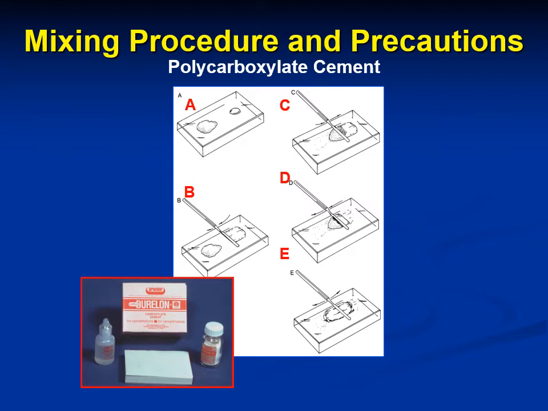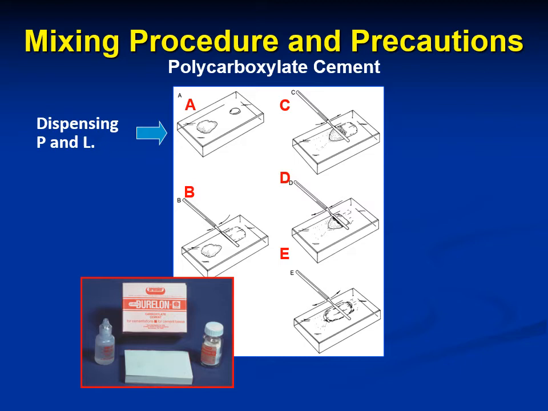We dispense the powder and the liquid. We dispense the powder over one side of the glass slab, and nearby we dispense the liquid. Then we divide the powder into two portions, one large portion, about 90% of the powder, and the rest 10% to adjust the consistency.